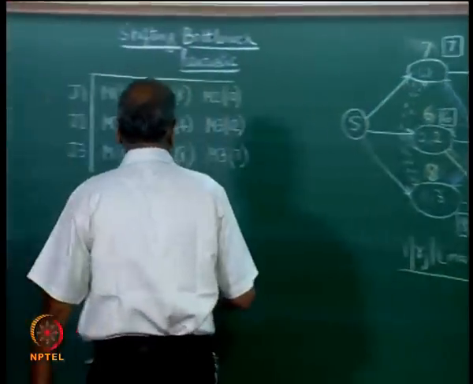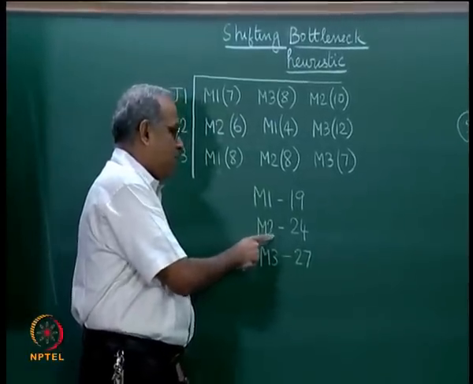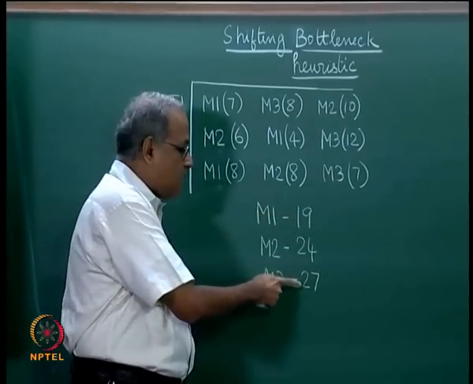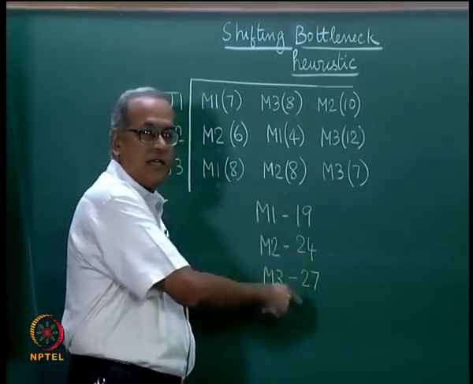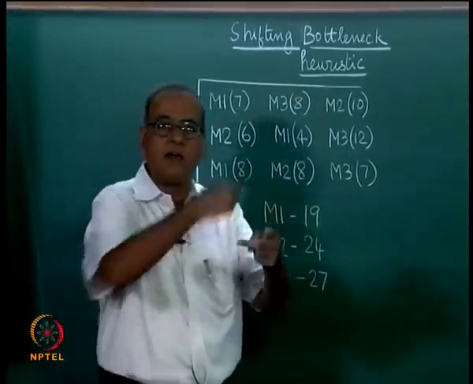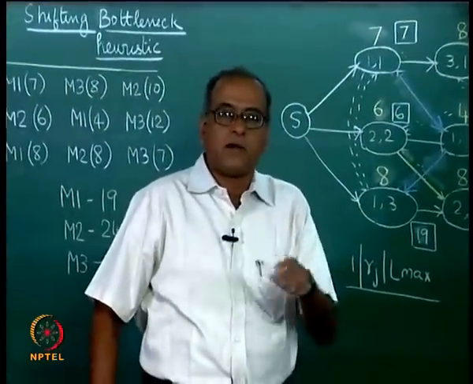The thumb rule that we used here, we first did it on M3, then on M2 and then on M1, because our choice was based on the workload on each of these machines. Now this particular order of applying the 1 RJ Lmax need not be optimal.